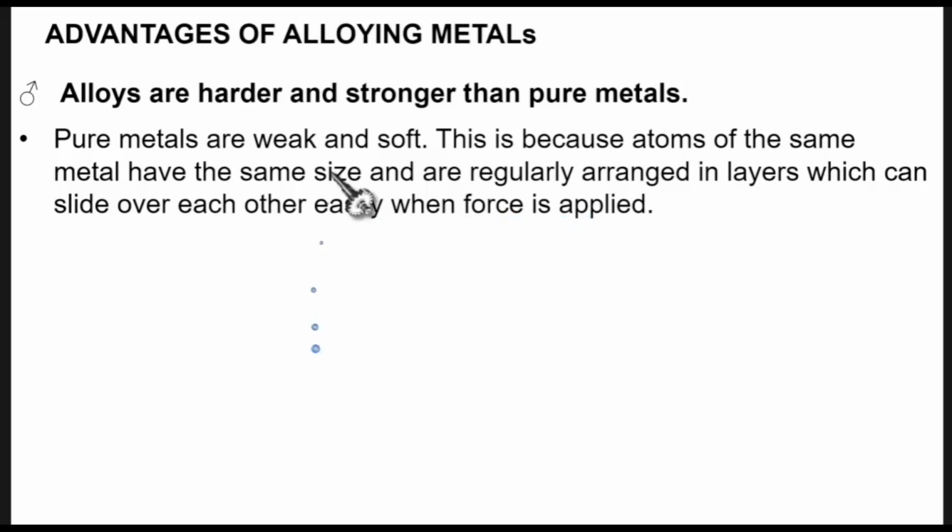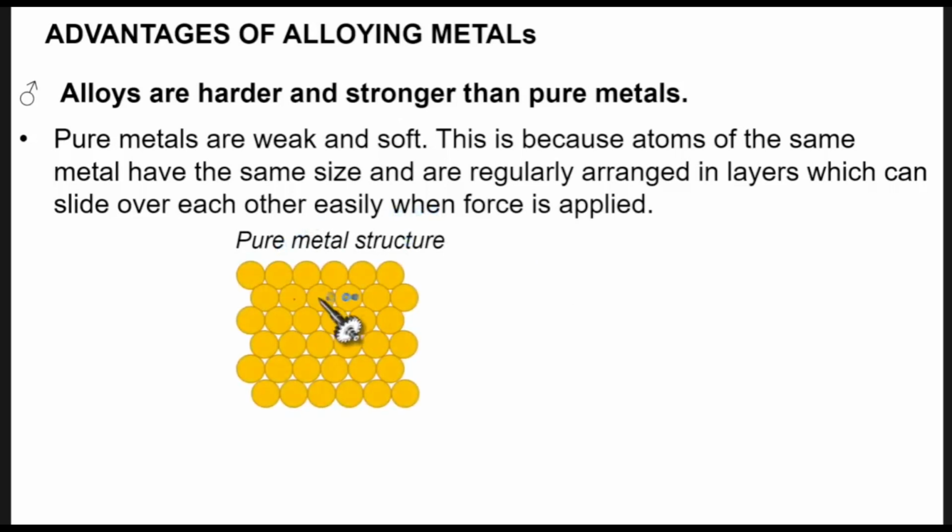Let's see this information using a diagram. Let's look at the pure metal structure. It will have the same atoms of the same size, regularly arranged in layers.